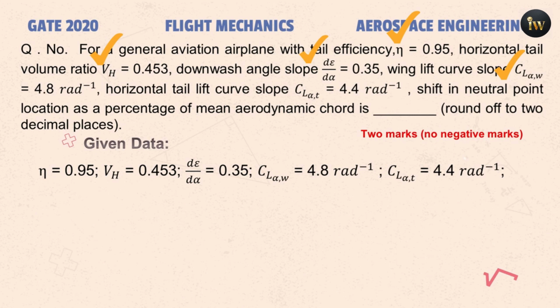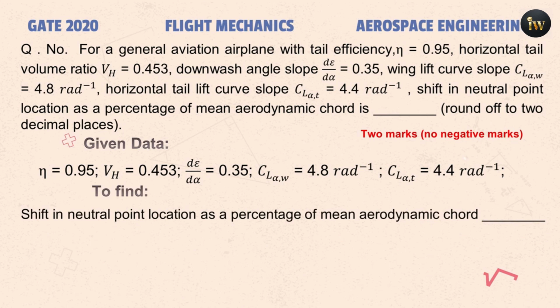Then the wing lift curve slope dCLW by d alpha equals 4.8 radian inverse. Then the horizontal tail lift curve slope dCLT by d alpha is 4.4 radian inverse. And we need to find the shift in neutral point location as a percentage of mean aerodynamic chord.